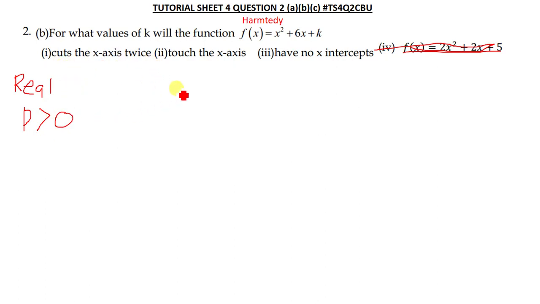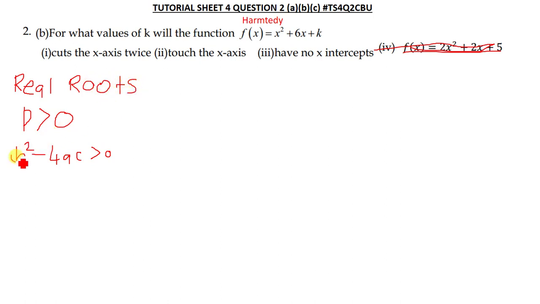So in other words, when is the discriminant going to be greater than 0? It is only going to be greater than 0 when b squared minus 4ac is also greater than 0, when it has real roots. So we know that when it cuts the x-axis twice, then it has real roots.